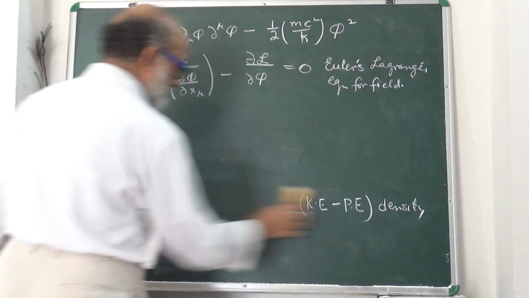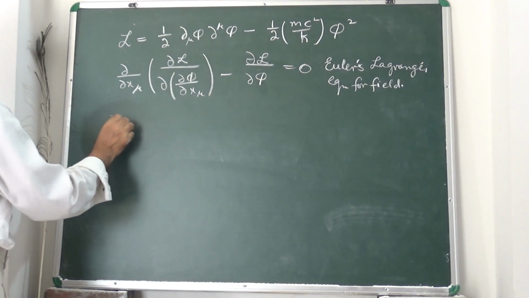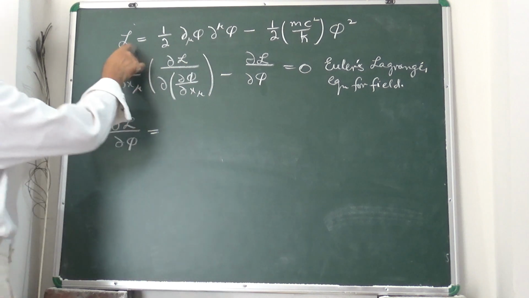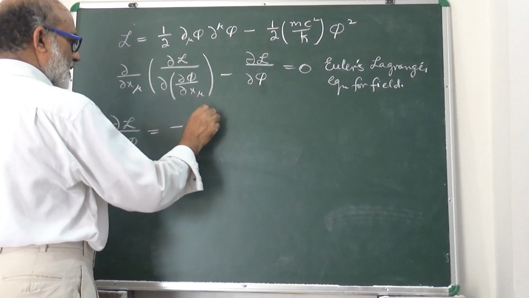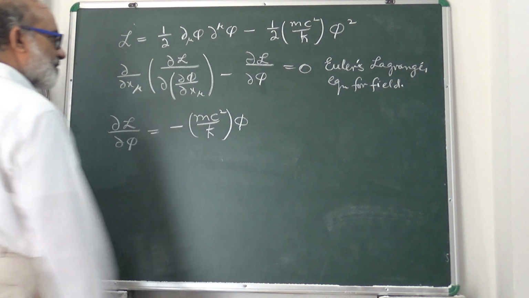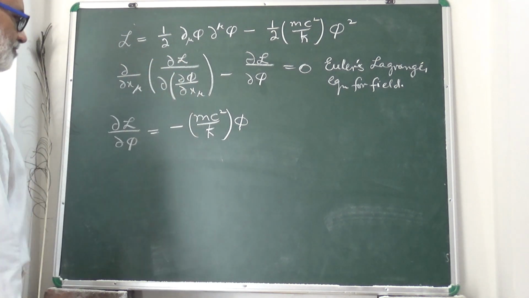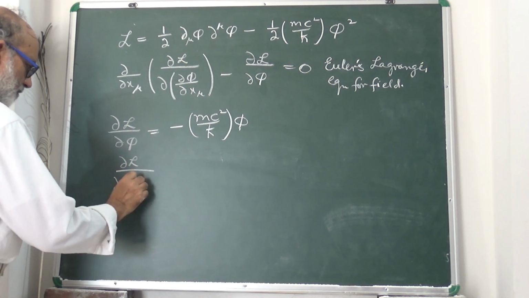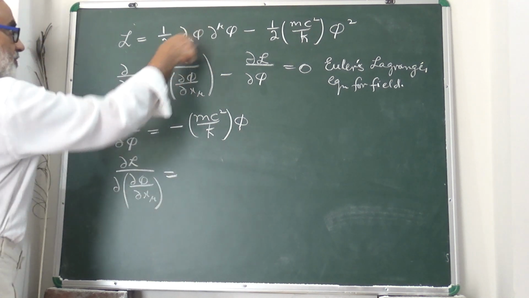Suppose we take the first term. It is delta L by delta phi. Differentiating with respect to phi, you get m c square by h cross, times phi. Now we take the other term.